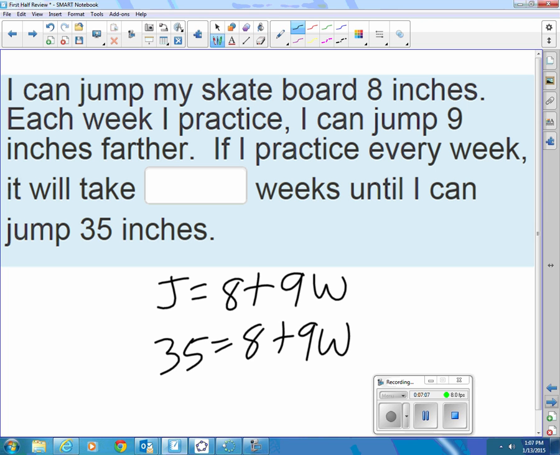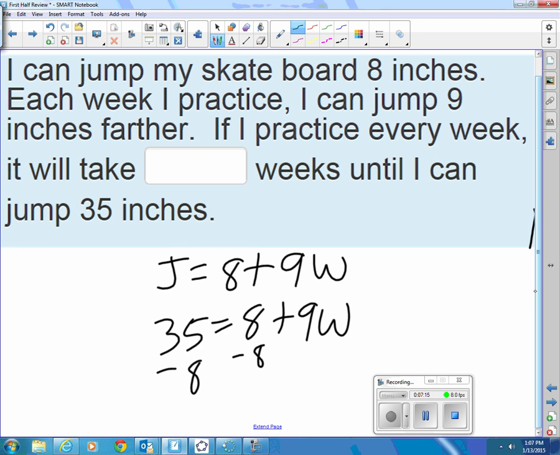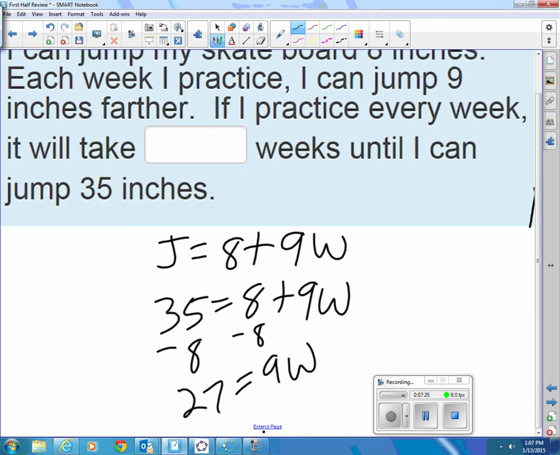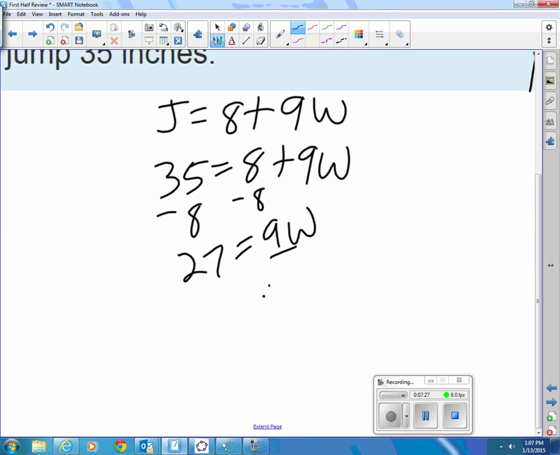So I could solve that equation for W. I can subtract 8. 35 minus 8 is 27. Then I can divide that by 9. The number of weeks equals 3.